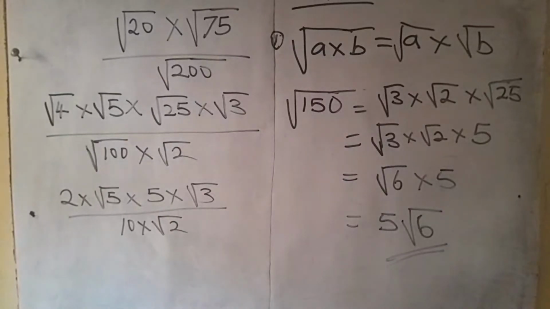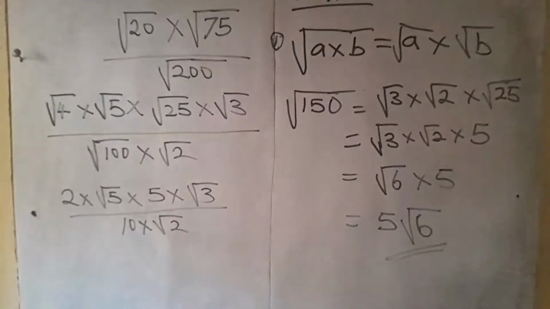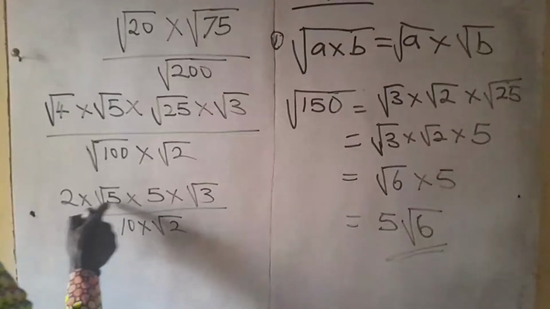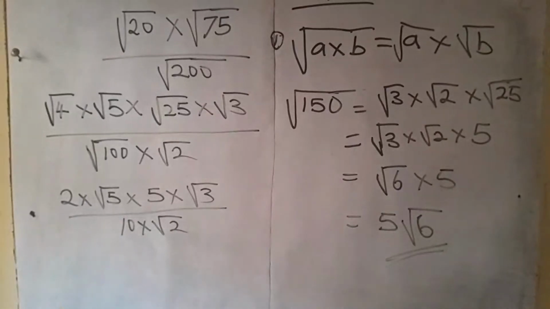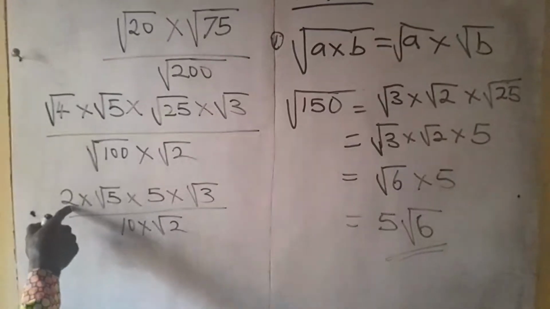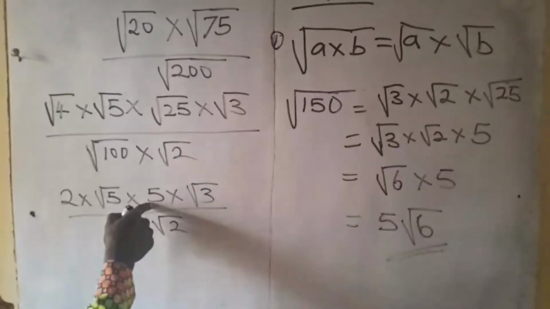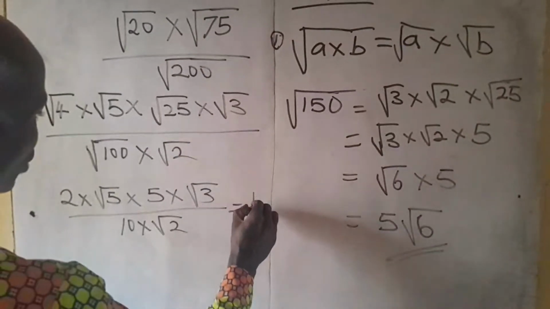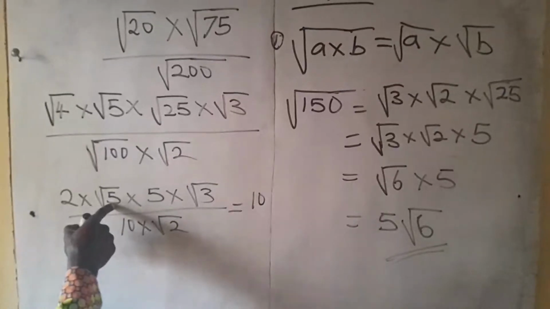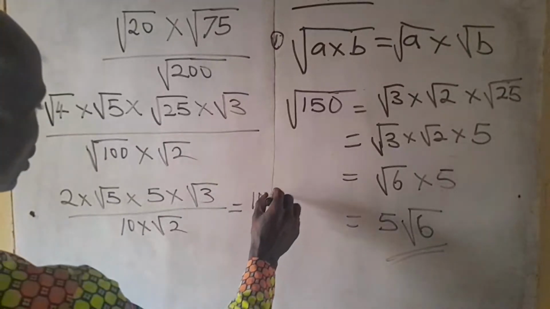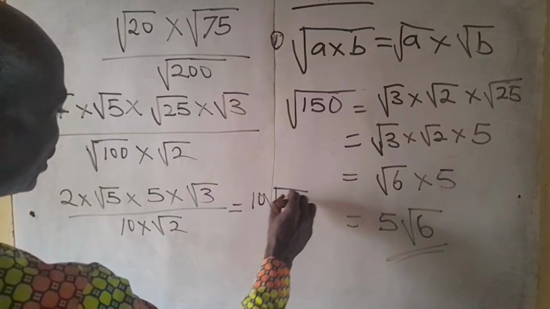All right. And that is so simple that we can easily multiply this and this. We can easily multiply numbers. 2 times 5 is 10. So I'll write 10. Then surd 5 times surd 3 is going to give us surd 15.